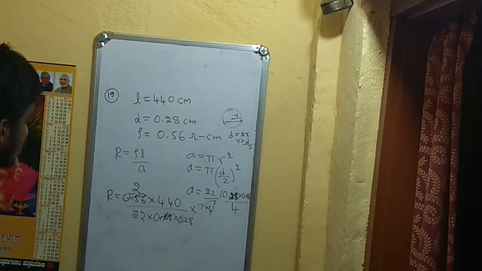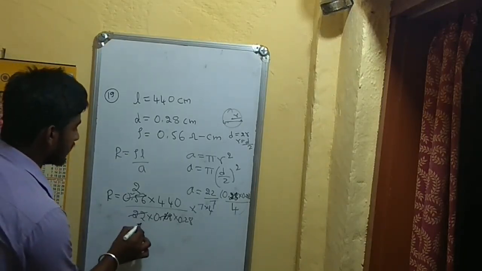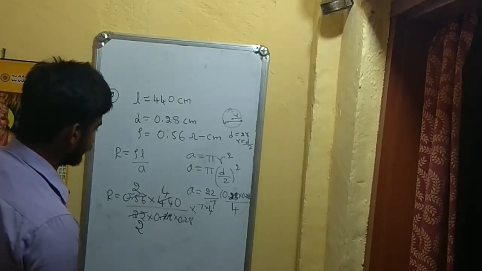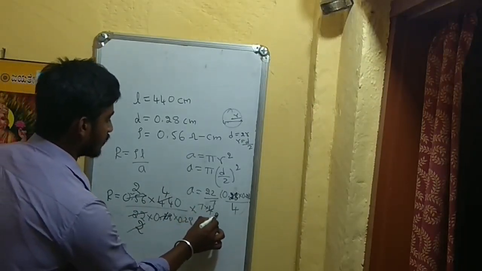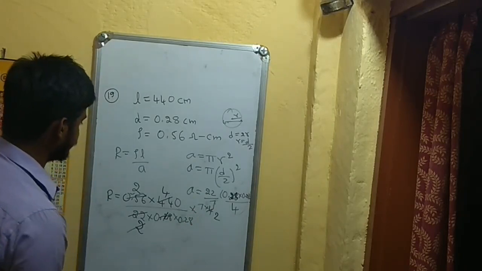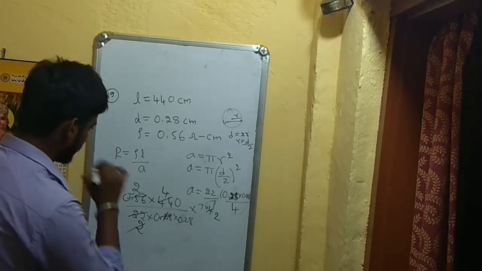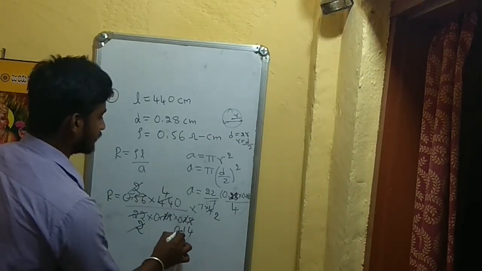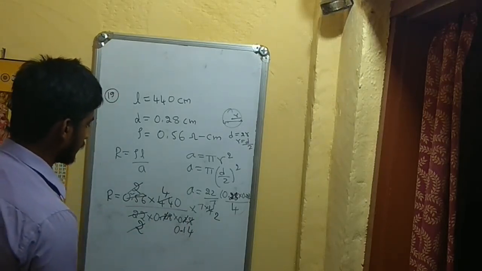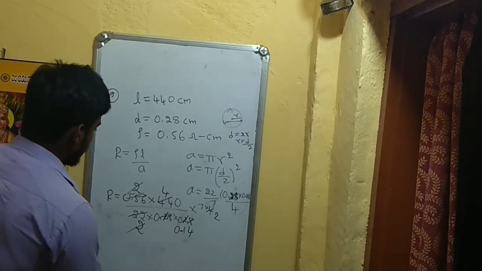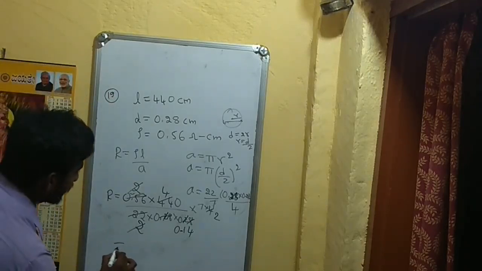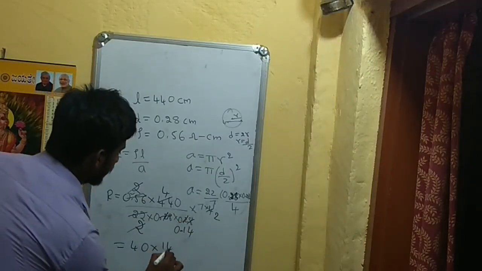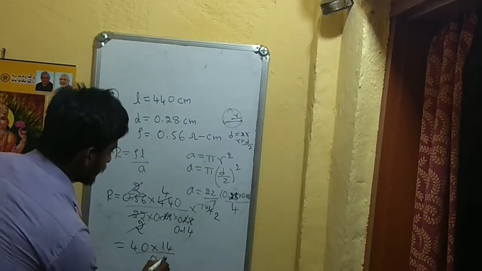Then 11 twos are 22, 11 fours are 44. Means here it will be 40 into 14 by 0.4.